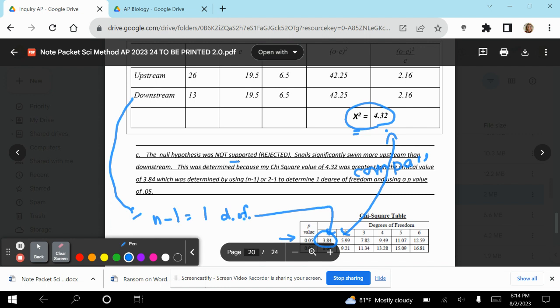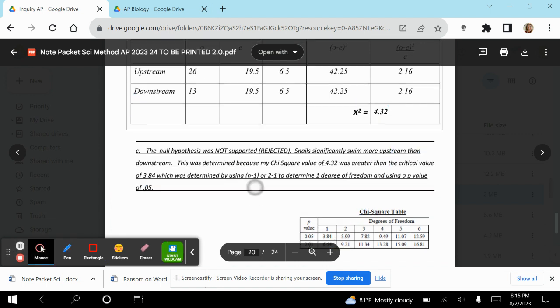So the snails do have a preference. They significantly more often swim upstream than they do downstream. Okay. So when we go to justify this decision, we'd say that because our chi-square value was greater than that critical value, and we determined that from using n minus 1 to get 1 degree of freedom, and then using that p-value of 0.05, that's why we knew to reject the null hypothesis.